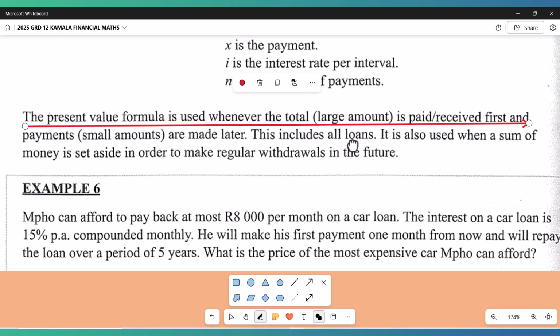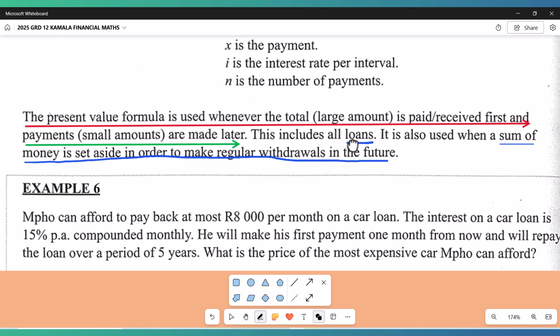First. And the payments, the small amounts, are made later. So this includes all the loans. It is also used when a sum of money is set aside in order to make regular withdrawals in the future.